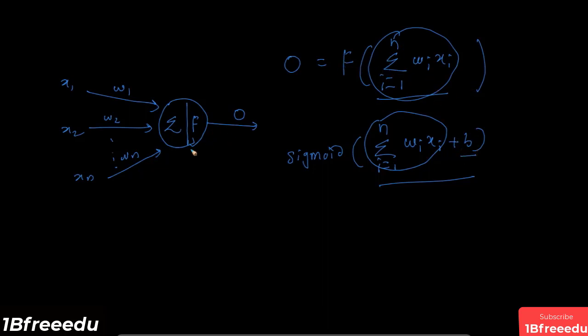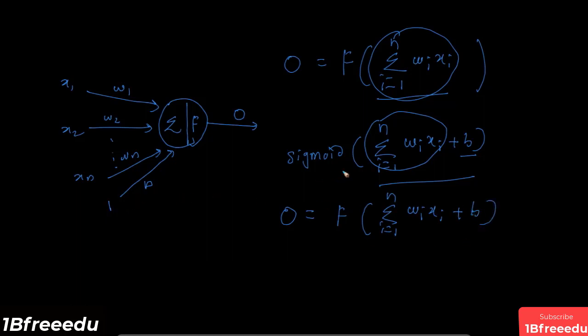So in order to get b, just give an input of 1 with weight b. Now the output of this neuron will be exactly similar to this term: summation over i equal to 1 to n of wi xi plus b, where b into 1 is b.